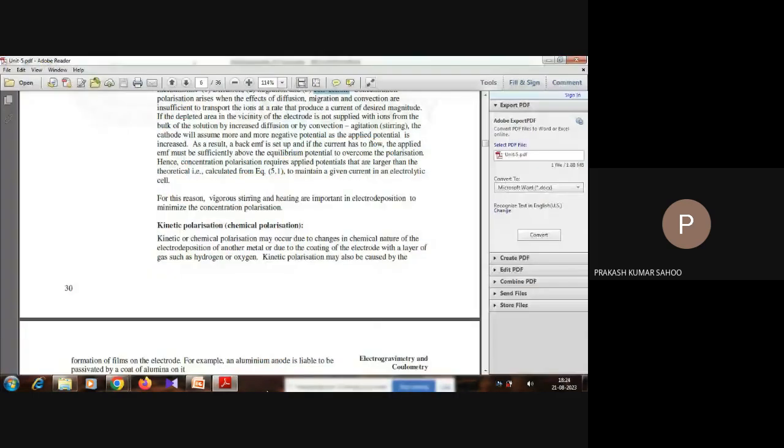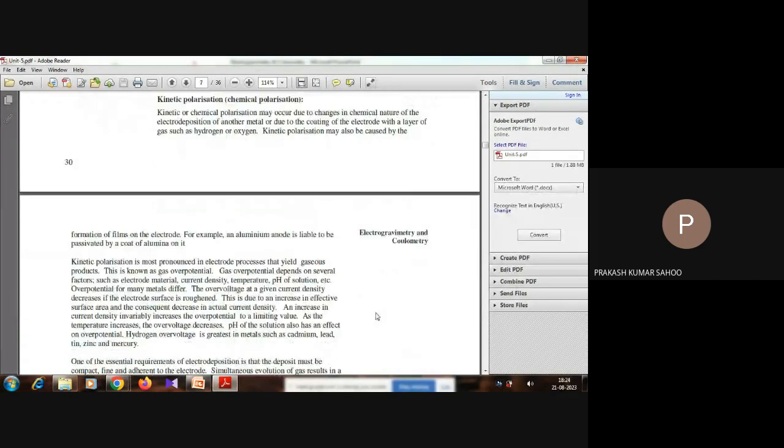Only 9. Okay. So kinetic or chemical polarization may occur due to a change in the chemical nature of the electrode, deposition of another metal, or due to coating of the electrode with a layer of gas such as hydrogen or oxygen. Kinetic polarization may also be caused by formation of a film, just like a membrane activity on the electrode.